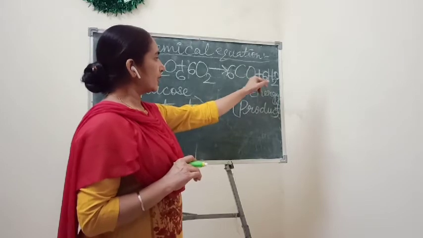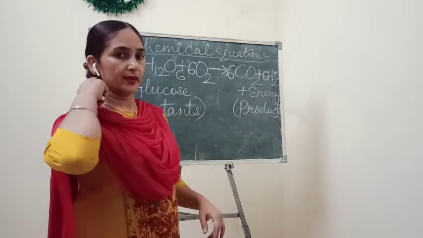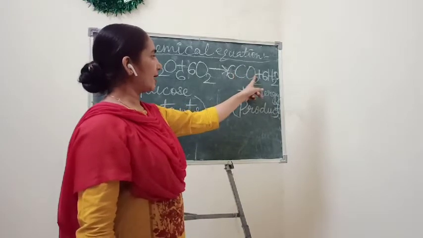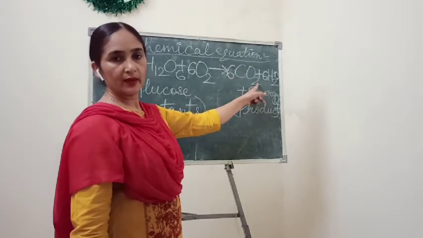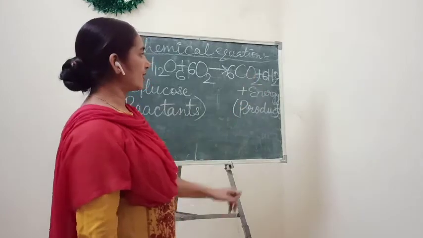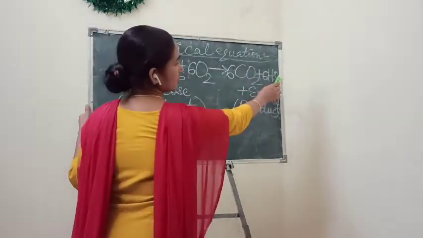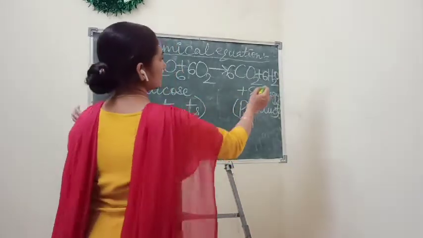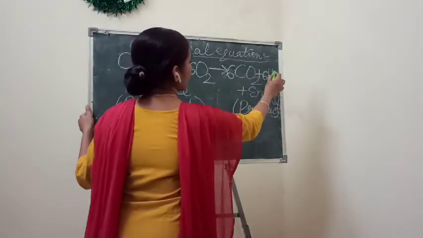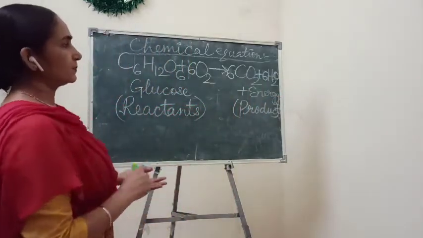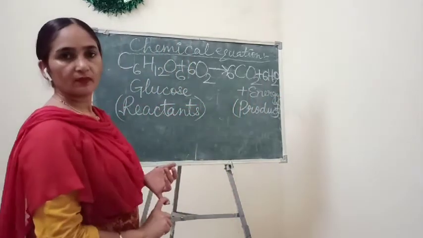So here 8 oxygen become, because 6 and 2 we have already written. So 8 oxygen are there, and in this also oxygen is present. So how many oxygen are there? Here 6 oxygen. So 8 plus 6, 14. Understand?